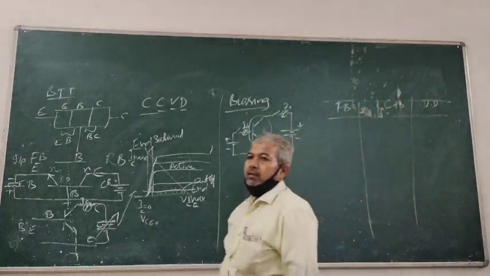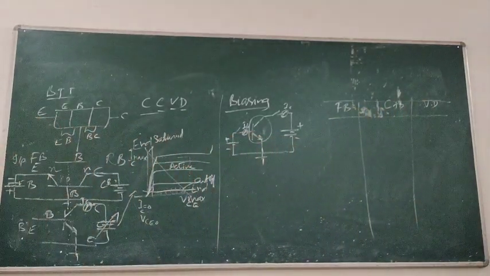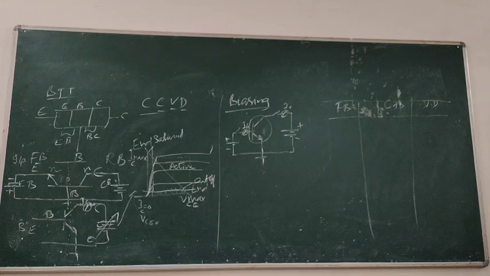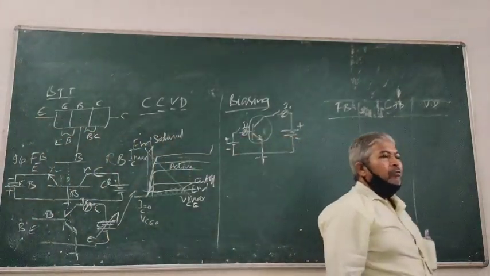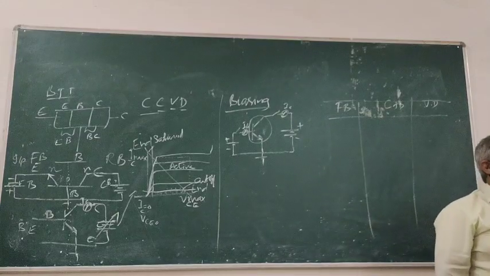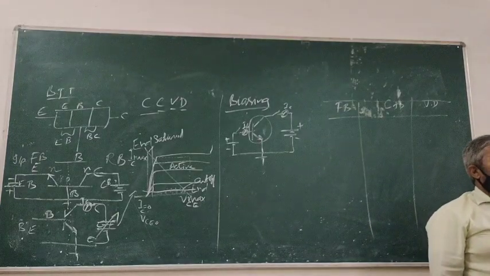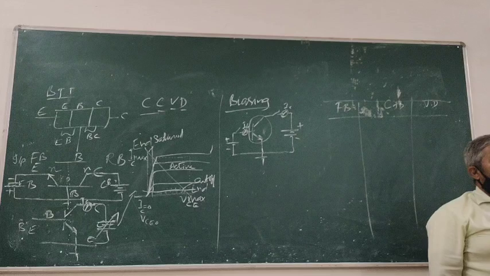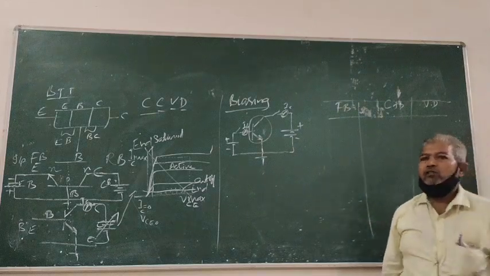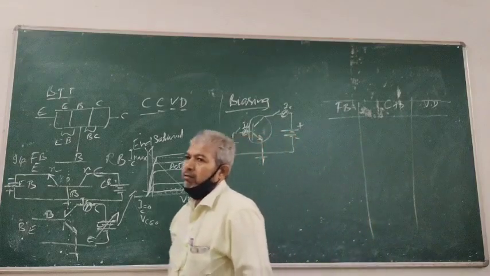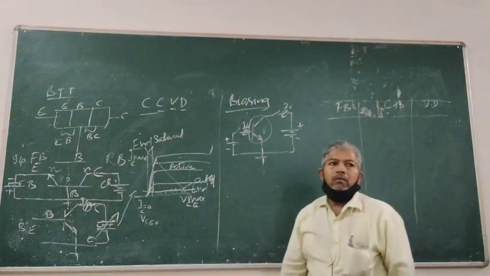Fixed bias, collector feedback bias, voltage divider bias. Fixed bias is also called base bias, or fixed bias.